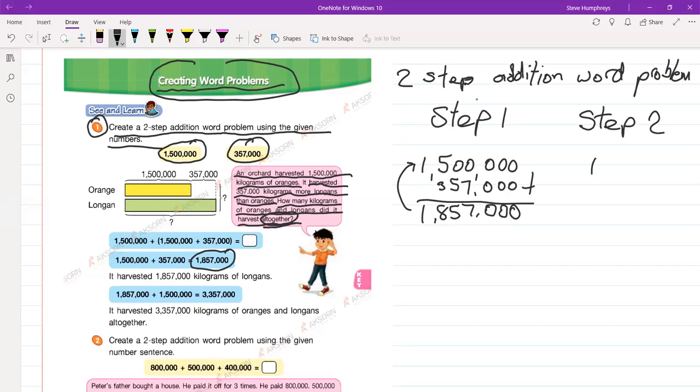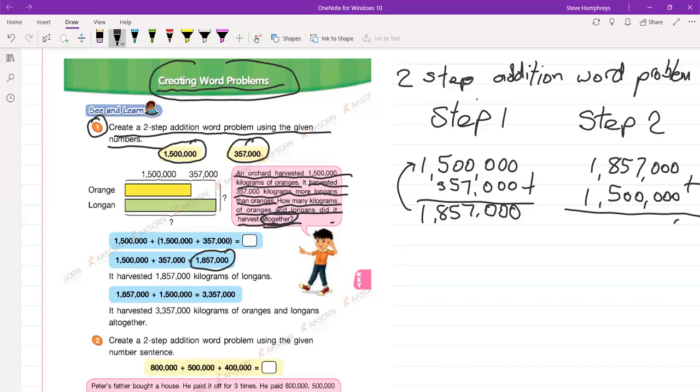So we need to add 1,857,000 plus 1,500,000. And that will give us the answer. How many kilograms of oranges and longans did it harvest altogether?